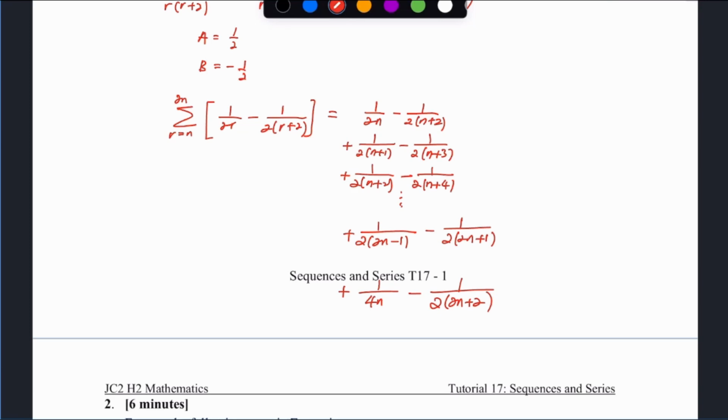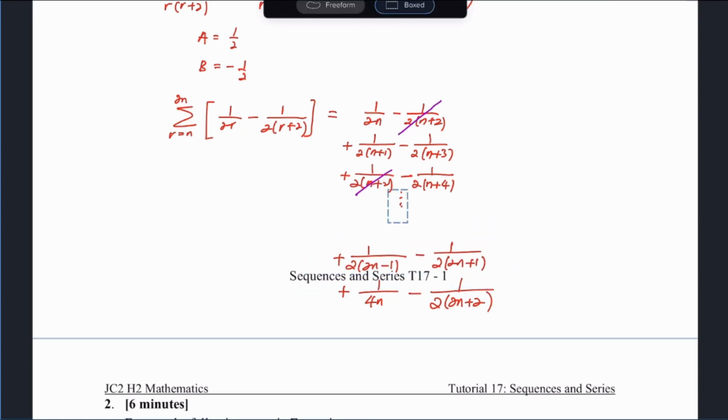Now if you start to observe, there is a lot of cancellation. This one will cancel with this. The next term over here, I will shift down a bit, shift all this down a little more, and add one more line.